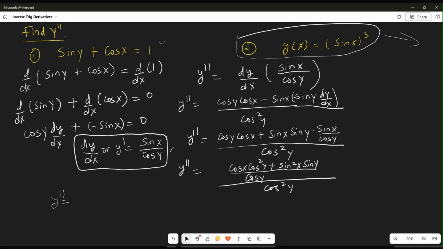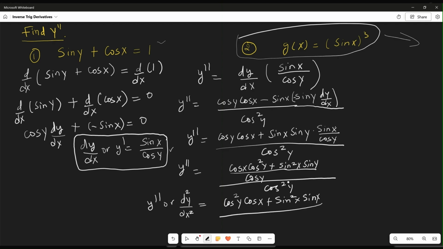So let's just simplify what we have. We have y prime, or double derivative if you write in this form, is simply cosine squared y cosine x plus sine squared x sine y.